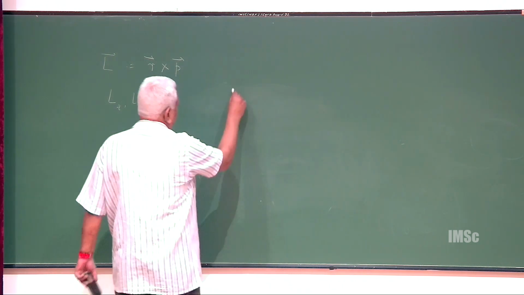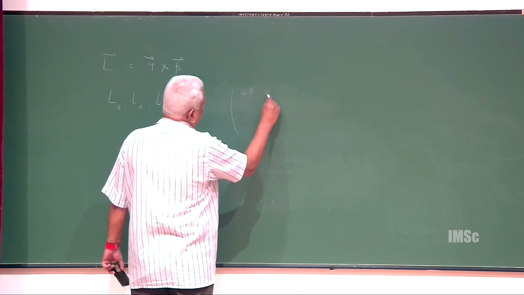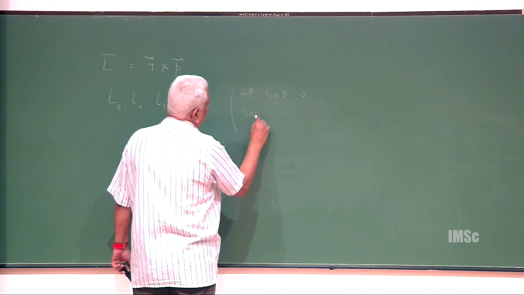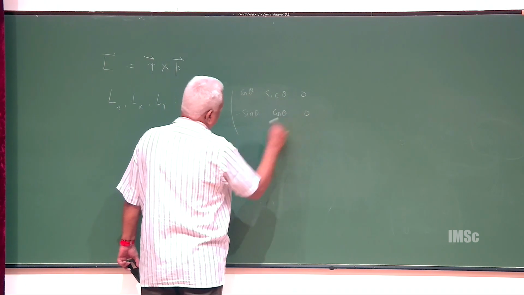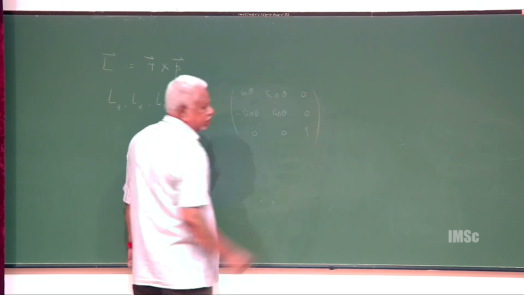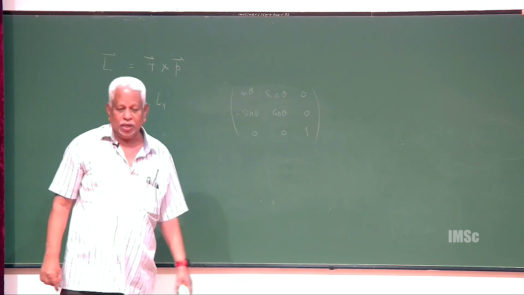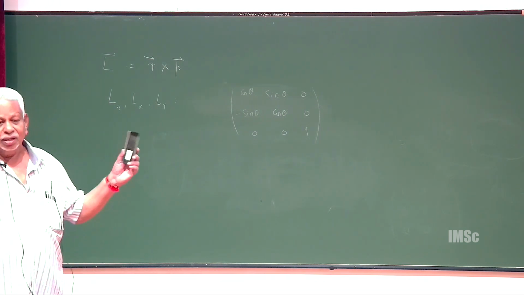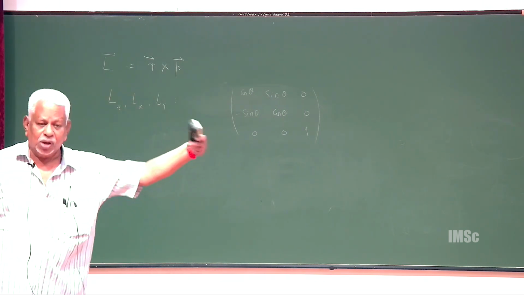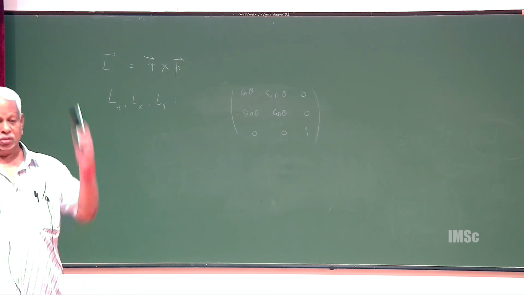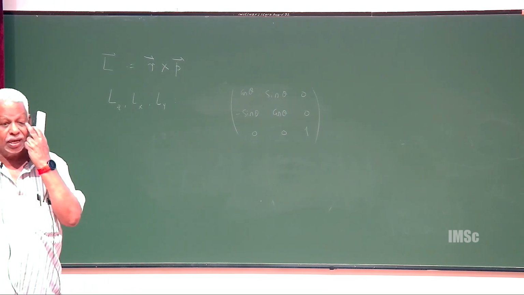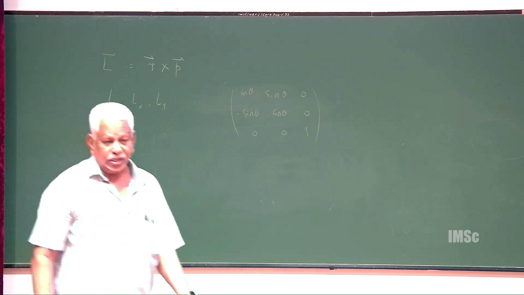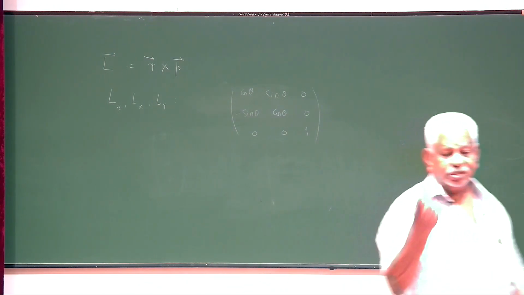I wrote cos theta, sin theta, 0, minus sin theta, cos theta, 0, 0, 0, 1. This is the LZ part which I wrote. The matrix which I wrote is the rotation by angle theta keeping the Z axis as the axis of transformation. Now, if it is the x axis, I keep rotation about the x axis.